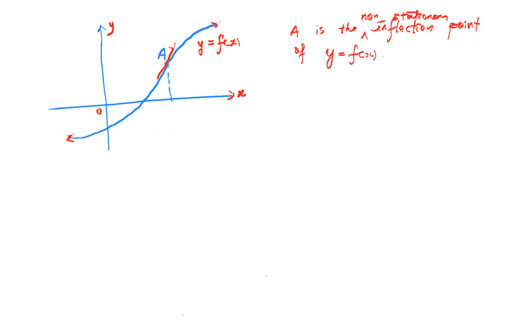Based on all this information, draw the sign diagram of f prime x and f double prime x. Please produce the sign diagram of f prime x and f double prime x.